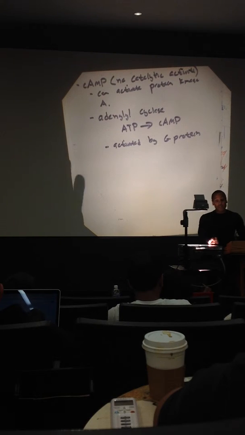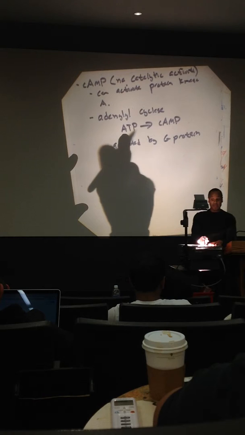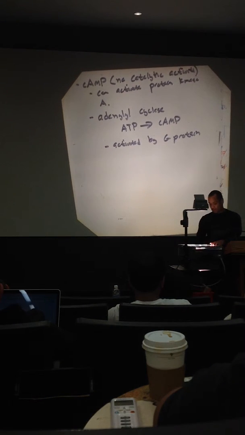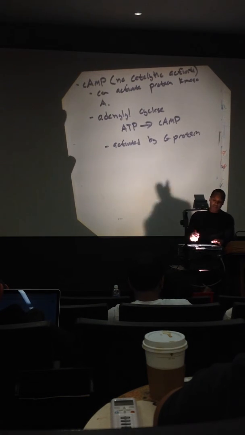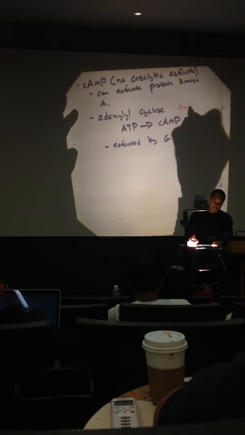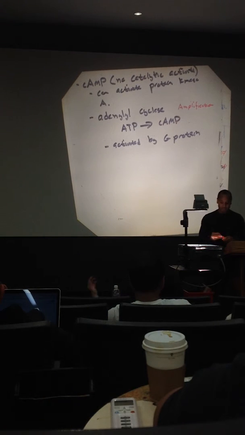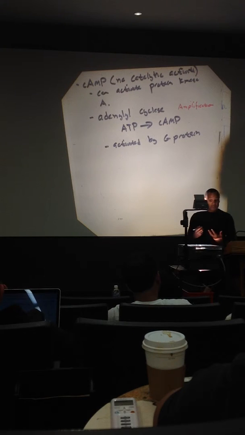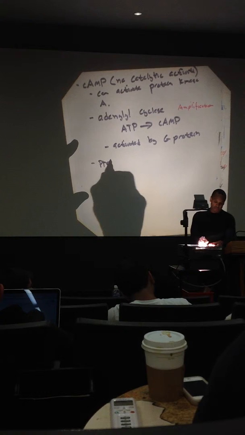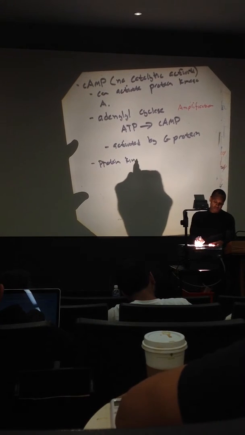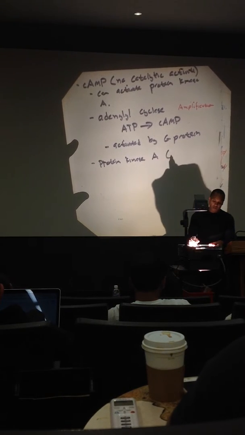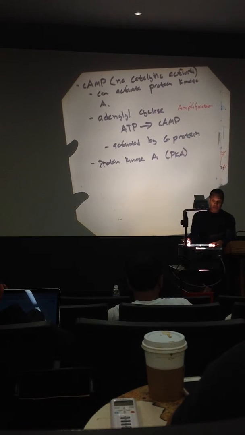Now then, because adenylyl cyclase, once it gets active, can convert multiple ATPs into cyclic AMP, adenylyl cyclase is a point of amplification. And all those cyclic AMPs, they again can go and activate protein kinase A, also just called PKA.